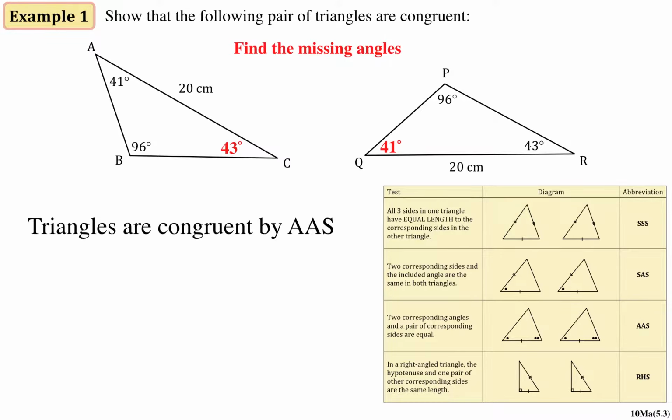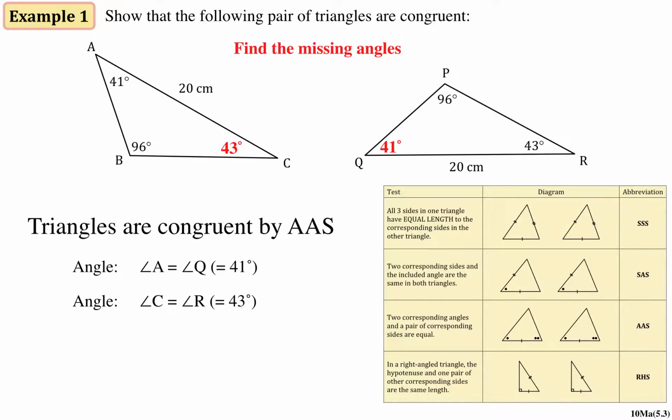So the first thing I'm going to do is say that they're going to be congruent. They're going to be identical by angle-angle side. And here's the reason why. If I look at my triangle ABC, that angle up there at A, when I compare it to triangle PQR, matches up with the angle at Q. So angle A and angle Q both match up. They're both 41 degrees.